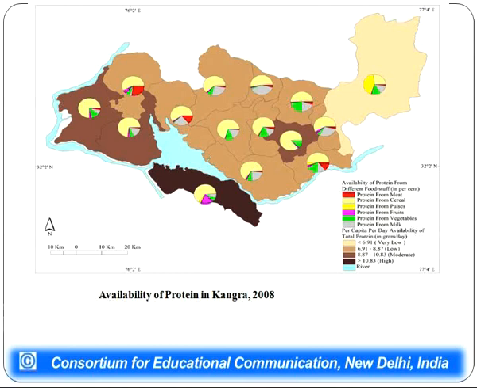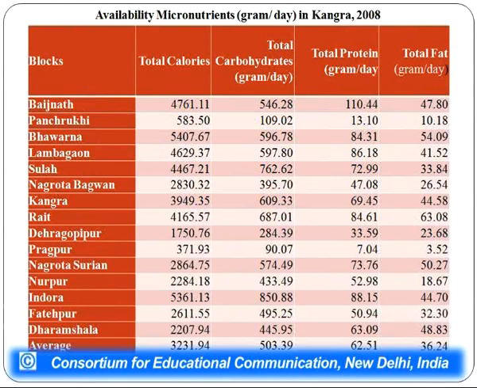In the high hilly region you can see it is very low, but when we come to the low hilly region, we have high availability of protein because of milk, other cereals and fruit cultivation. That is why the temperate zone, climatically speaking, may be very important for getting protein. Apple production, as you know, is a very important component of Himachal Pradesh.